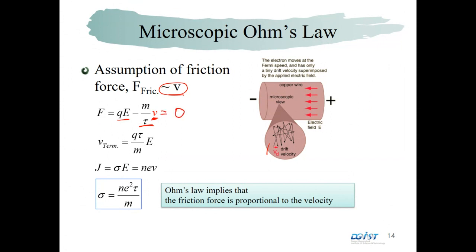When the external force is zero, they are balanced and there is no more acceleration. That implies the terminal velocity should satisfy this relation. Actually, it is the same result as in the previous case, so from this relation we can obtain the Drude model's result again.